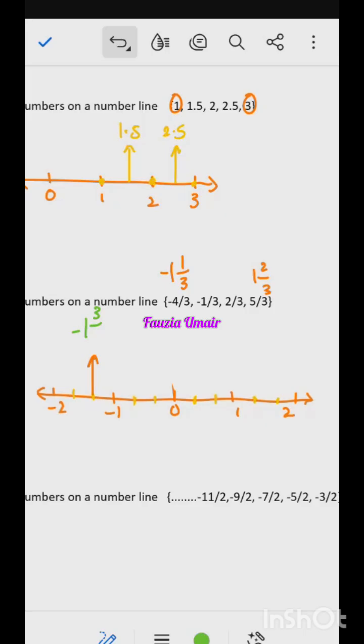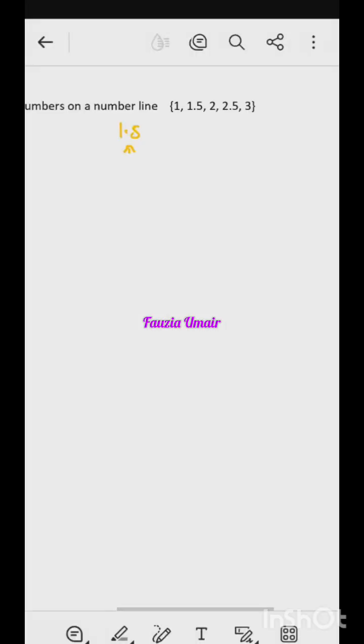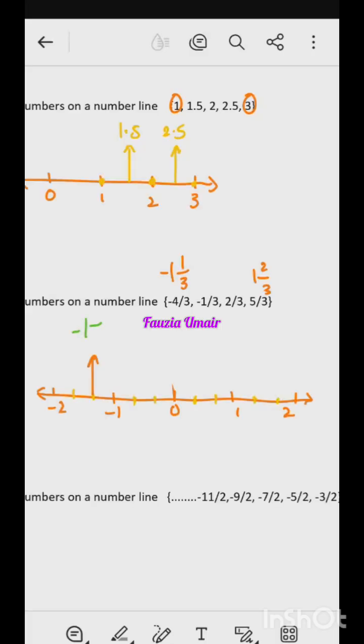Why are we doing that? Because we have observed that the given set is having all the fractions with denominator 3. It means that I need to have 3 points or 3 portions between the two whole numbers, right?